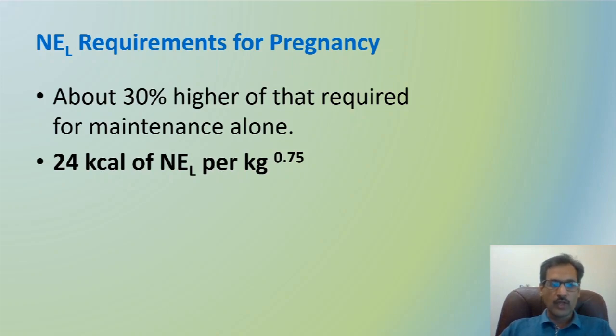Or we can calculate by using the value 24 kilocalories of net energy per kg of metabolic body weight. So for maintenance we have calculated, and now for pregnancy we have calculated. Sum up these two values, and we get the total amount of energy required by the animal for maintenance as well as for pregnancy.